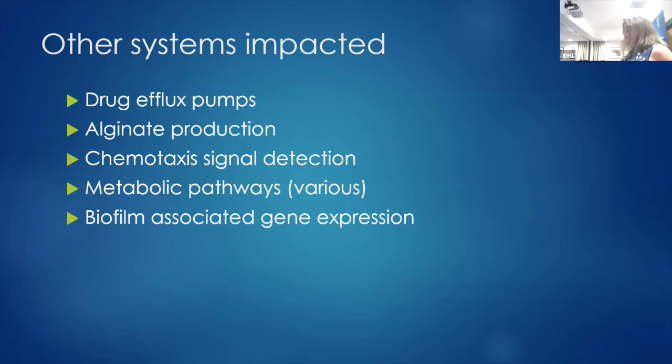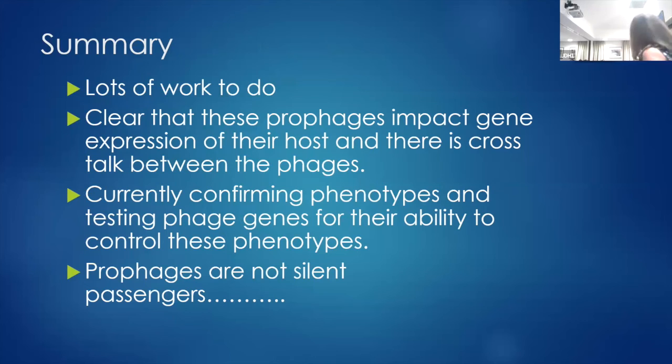Now, we're in the process right now of mapping those phenotypes with all of the different lysogens under all of the different growth periods, and then testing those responses with particular prophage genes cloned on an expression vector. So there's lots of work to do yet, but what is clear is that there is an impact of prophage gene expression on their host that has nothing to do with known virulence factors or anything else, because these phages don't encode those.